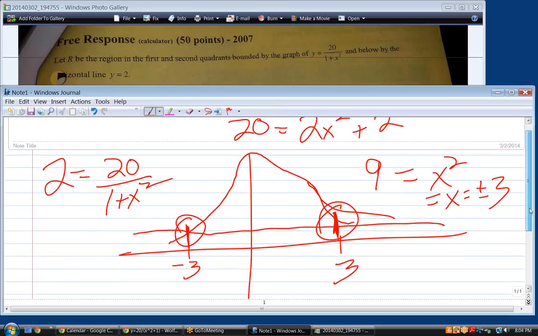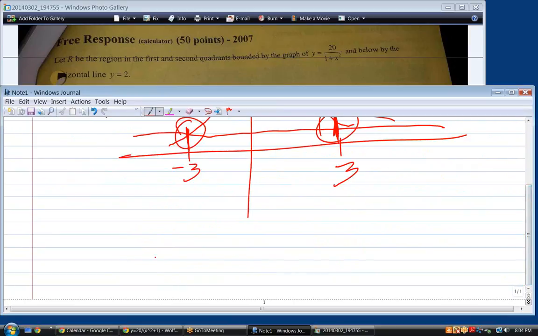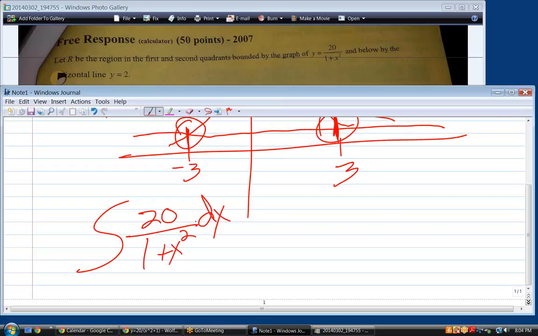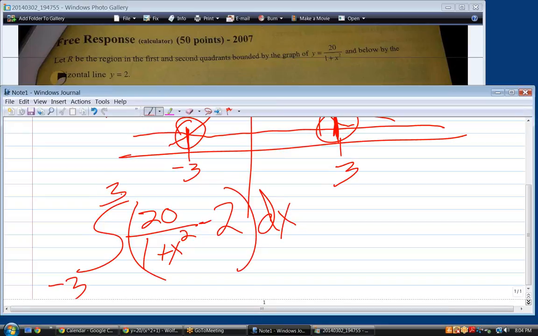The integral from -3 to 3 of 20 over 1 plus x squared dx, whoops, what did I forget to do? I forgot to subtract 2, from -3 to 3.